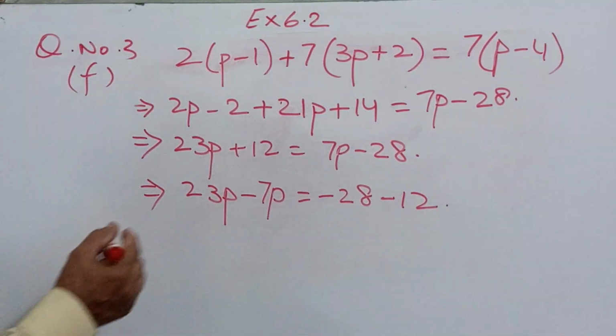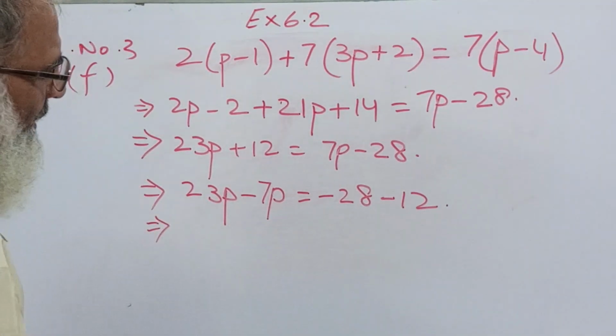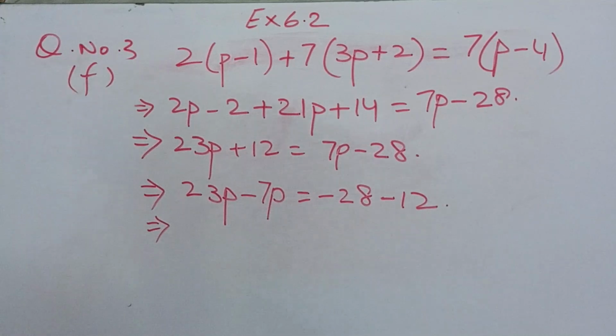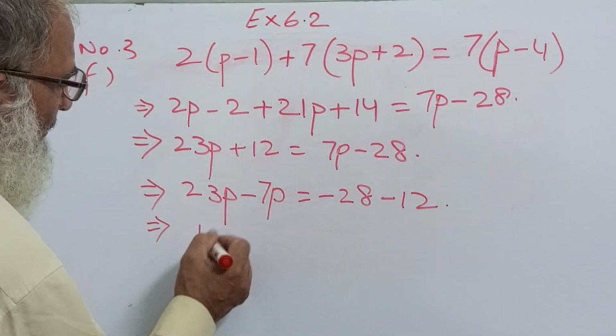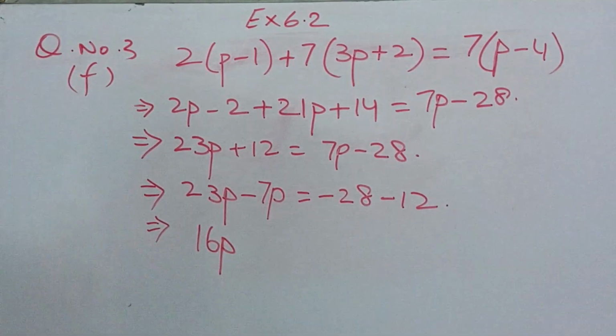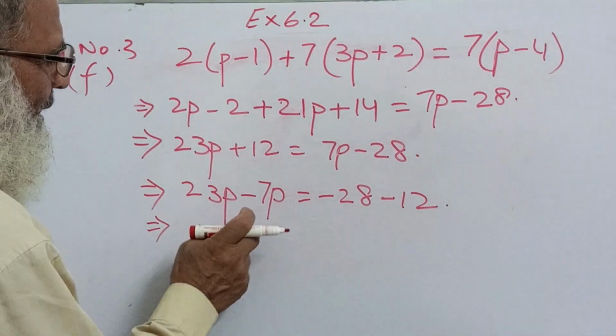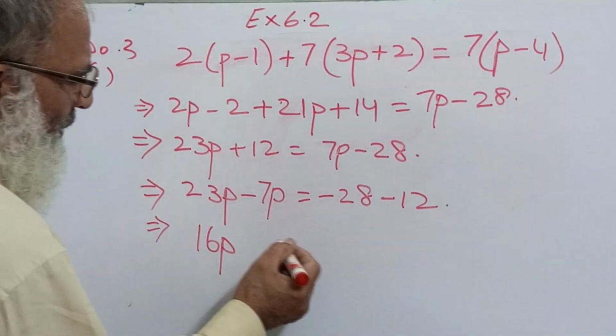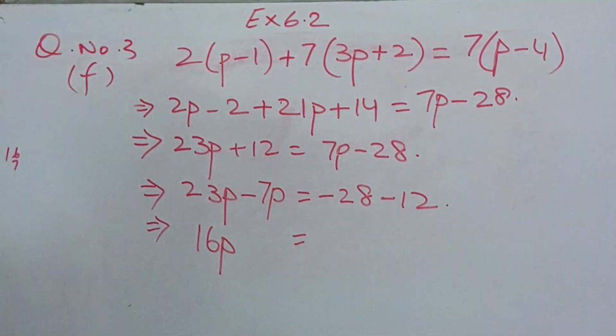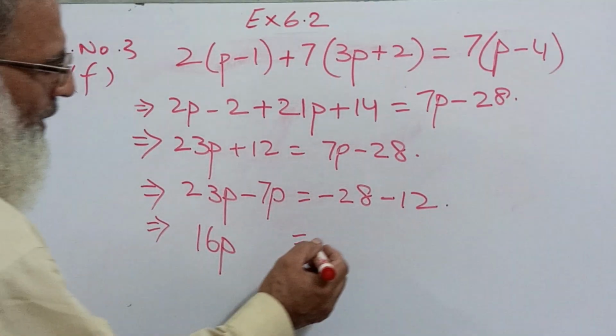Further, 23 minus 7 will become 16p, and this will become minus 40.